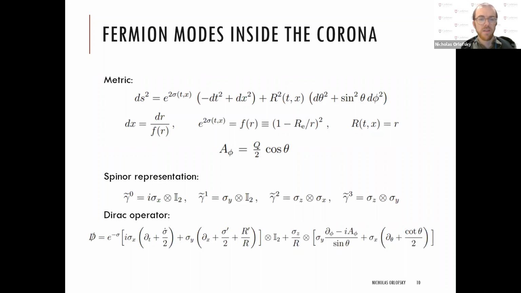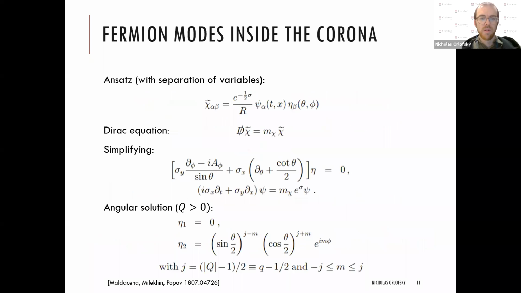So if you write down the metric and you want to get to what the Dirac operator is in this metric, and write down the gamma matrices in this spinor representation for 2x2 spinors, or two-part spinors, and if you write it down in this particular way, then you get some separation of variables, where on the left-hand side of this product, you only have functions and derivatives that are functions of t and x, and on the right-hand side, you only have quantities that are functions of phi and theta.